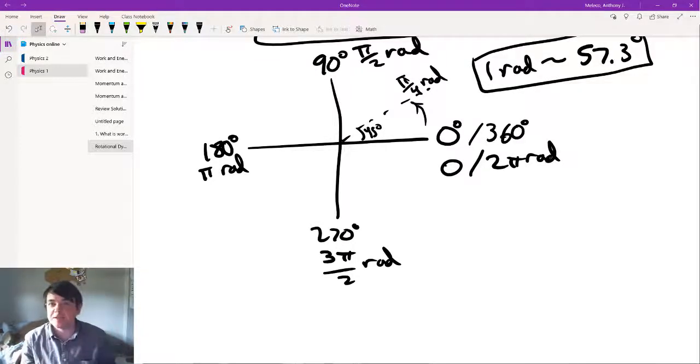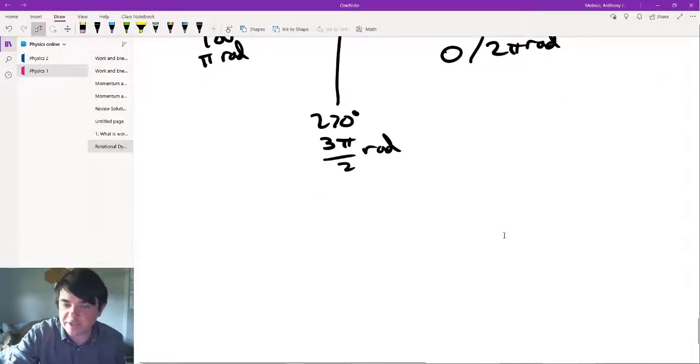Because again, radians are the SI unit. Use radians for a lot of stuff in rotation. It's good to get familiar with it. This is also why when we were doing problems before this, your calculator was in radians and not in degrees. It was using this method of measuring. We're discussing rotation.